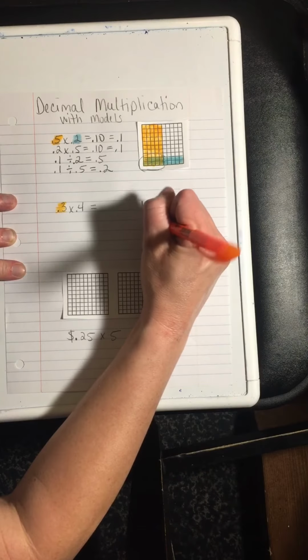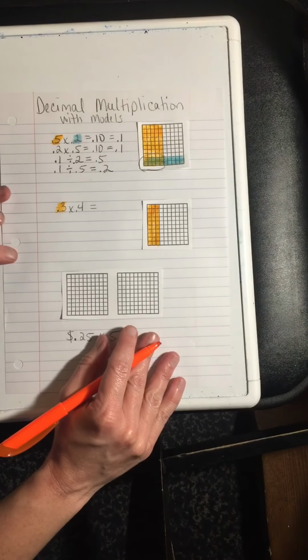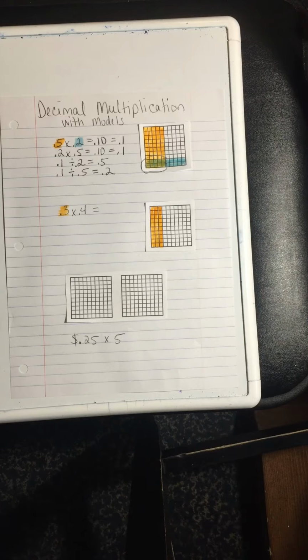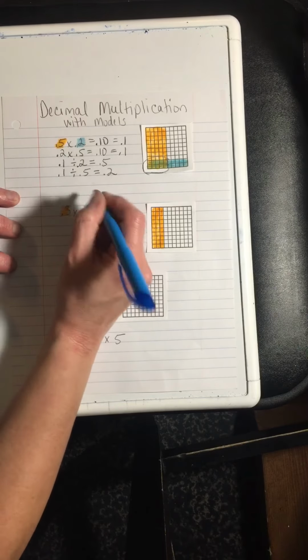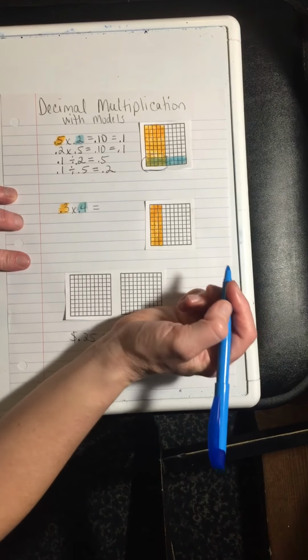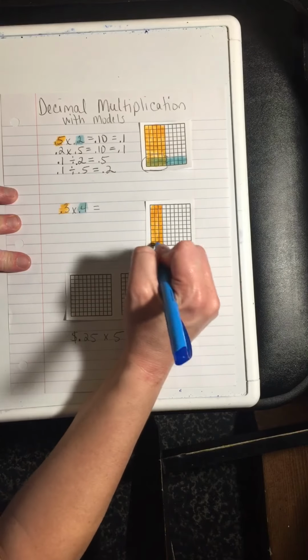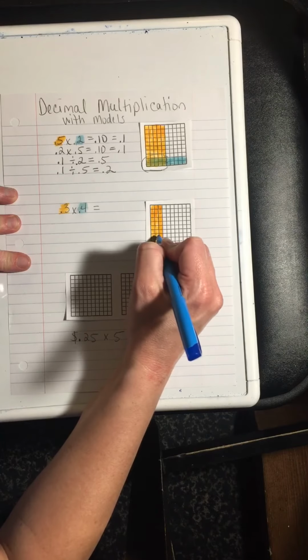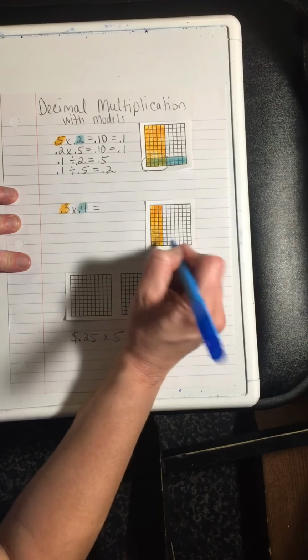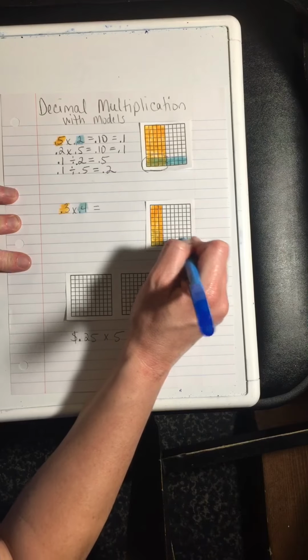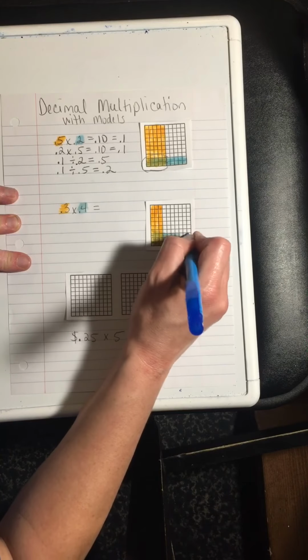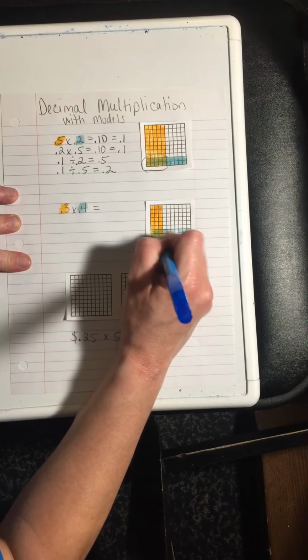That's correct. That would be 30 cents, and we can represent that using 30 pennies or 3 dimes. Very good. And then we have 4/10, which we are going to color horizontally with our blue. So we have 1, 2, 3, 4.